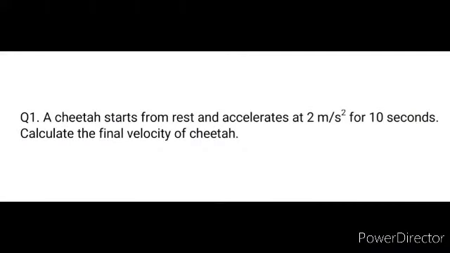The first question is: a cheetah starts from rest and accelerates at 2 meter per second square for 10 seconds. Calculate the final velocity of the cheetah. So let's solve this and understand.